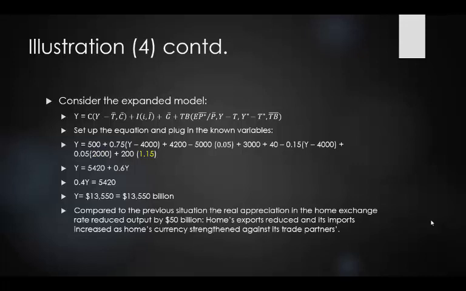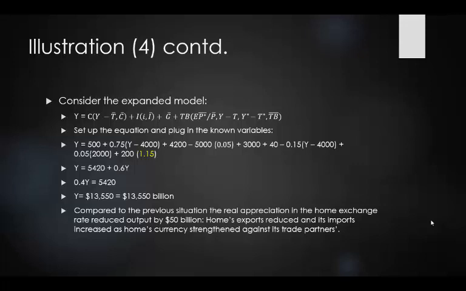In the third situation, the real appreciation experienced in the home real exchange rate is again affected in the trade balance function by plugging in the new real exchange rate in the formula. The equilibrium level of output is now computed to be $13.55 trillion.